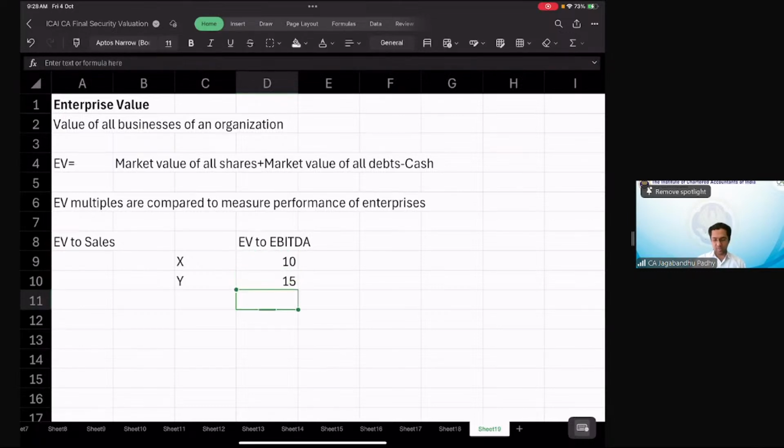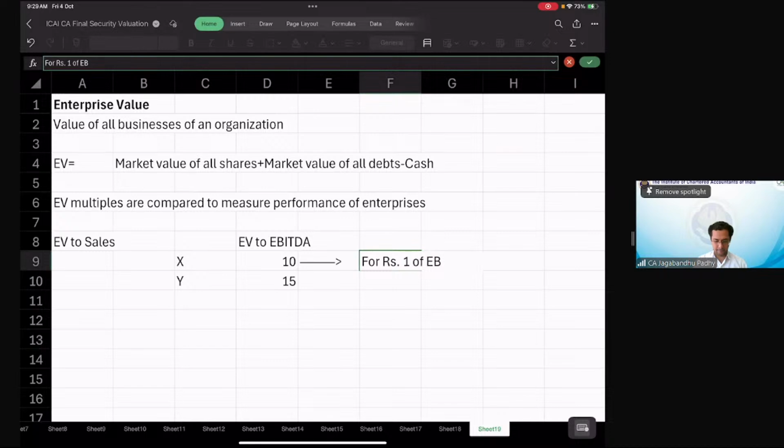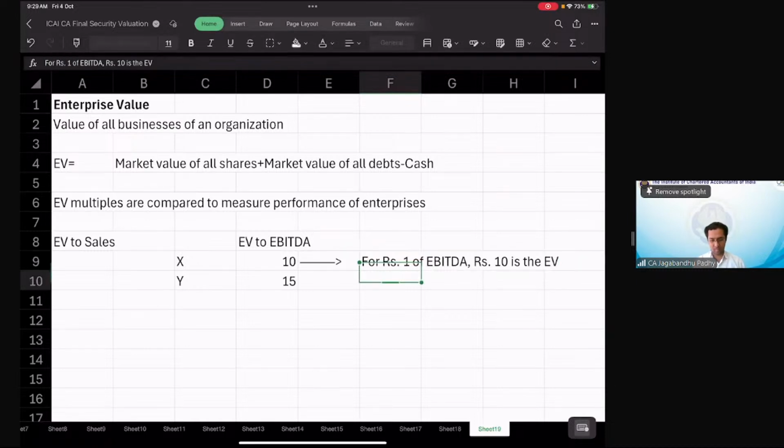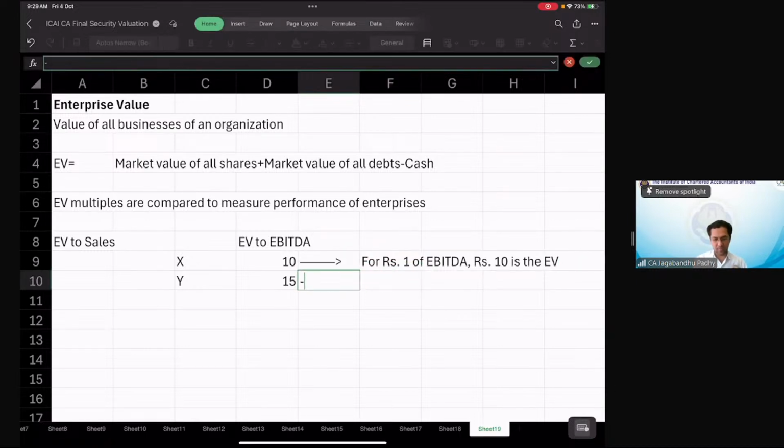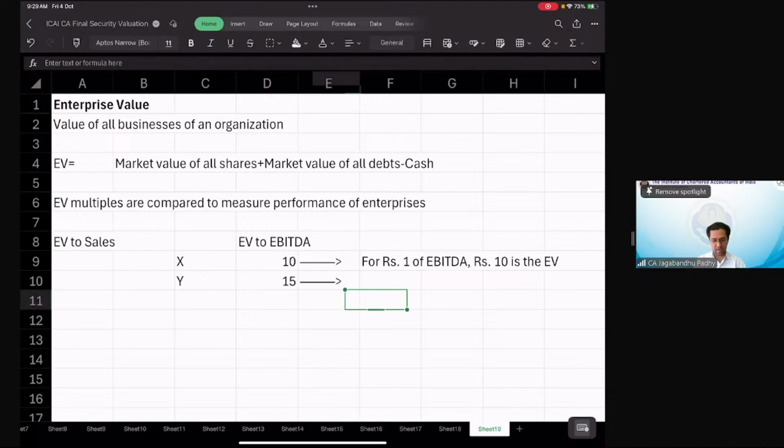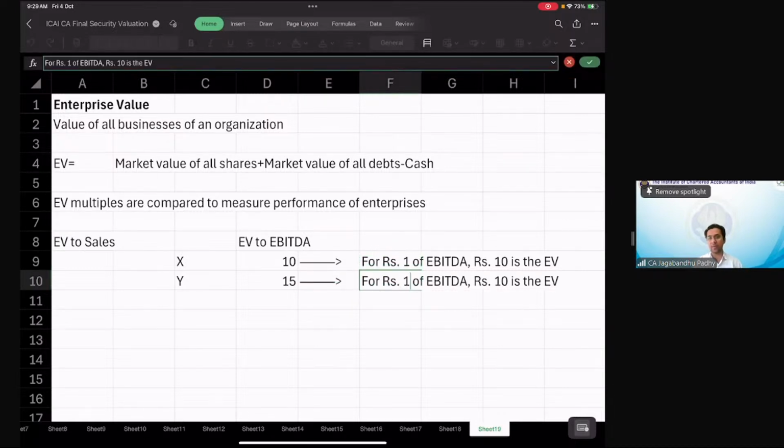So for this 10, we can essentially say that for rupee 1 of EBITDA, rupees 10 is the value of the firm, or the enterprise value, right? Whereas for this one, if you look at the EV to EBITDA number, you find that for rupee 1 of EBITDA, the enterprise value is 15.